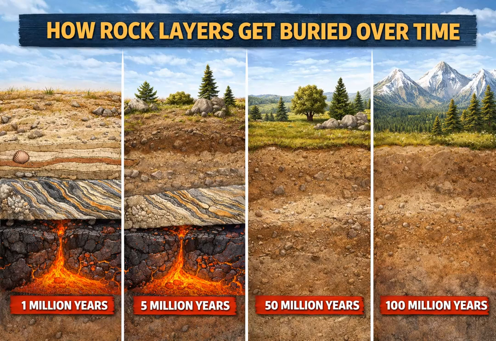Radiometric dating uses radioactive decay in minerals to determine absolute ages. This is how scientists know Earth is about 4.5 billion years old. Sedimentary layers provide relative time.